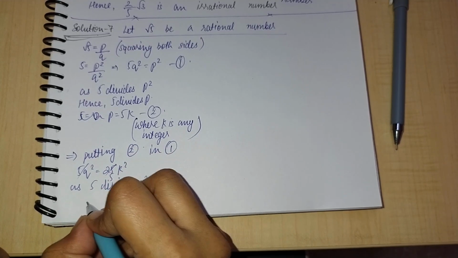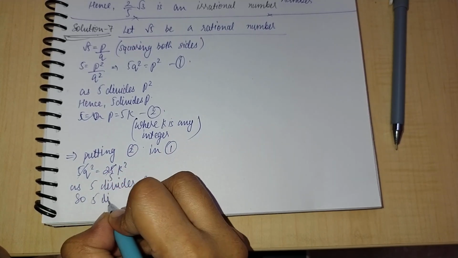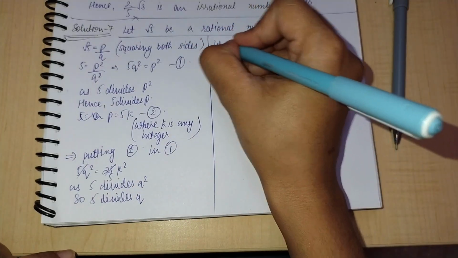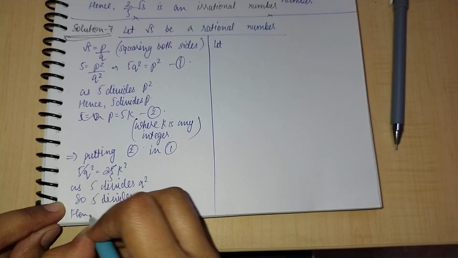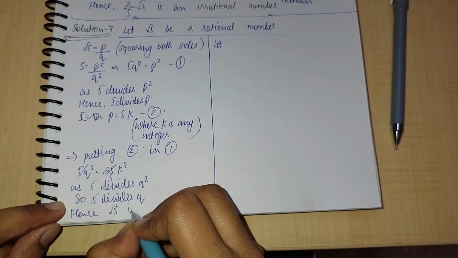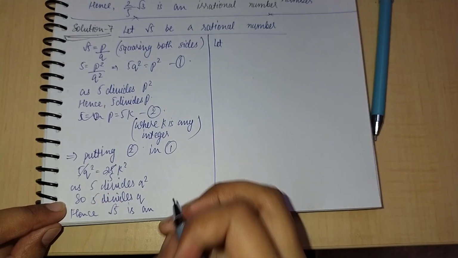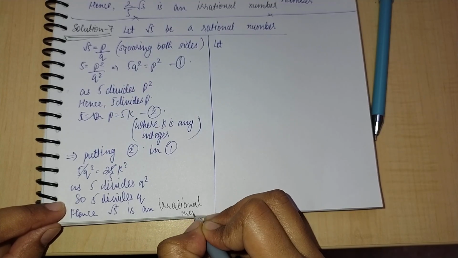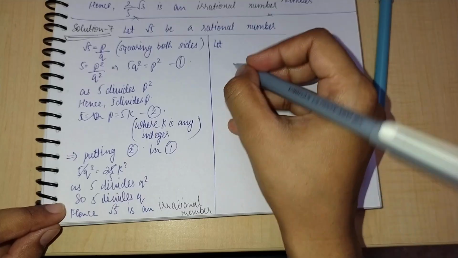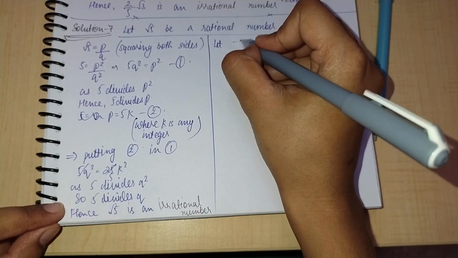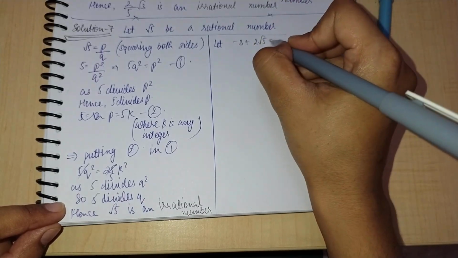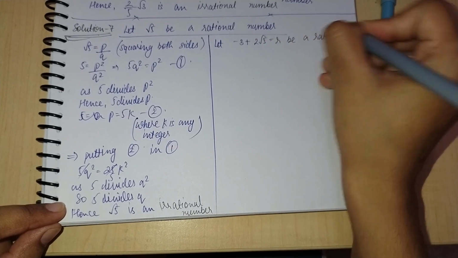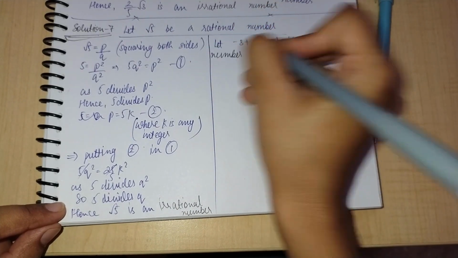Now let minus 3 plus 2 under root 5 be a rational number and put it as minus 3 plus 2 under root 5 equal to r. Sending the rest to the other side, we will get under root 5 equal to (r plus 3) by 2, and (r plus 3) by 2 is a rational number, so under root 5 is a rational number, hence it contradicts the previous part which we have solved, that under root 5 is an irrational number.